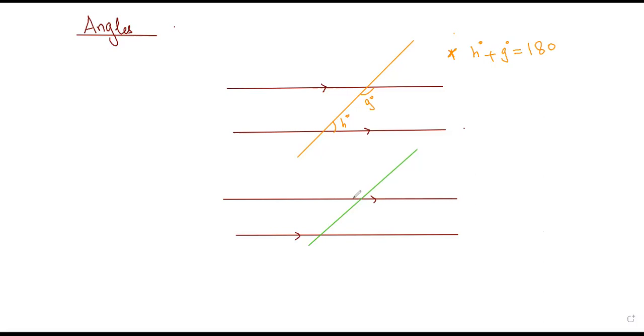This angle is equal to this angle, and this angle is equal to this angle, and we call them vertically opposite angles.